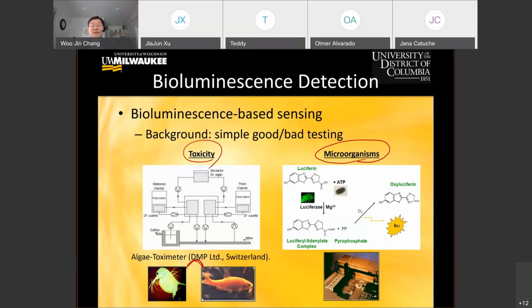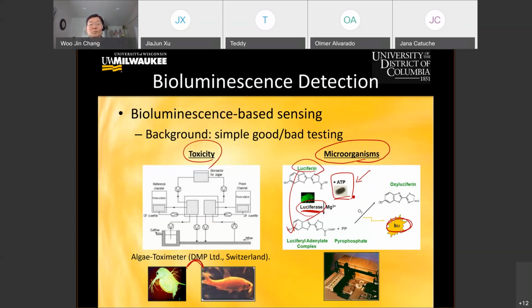There is an enzyme called luciferase, and this enzyme converts luciferin into another complex chemical, and at the same time, it generates light. When this luciferase is working, ATP is consumed. And you know, ATP is the energy source in almost all living organisms.